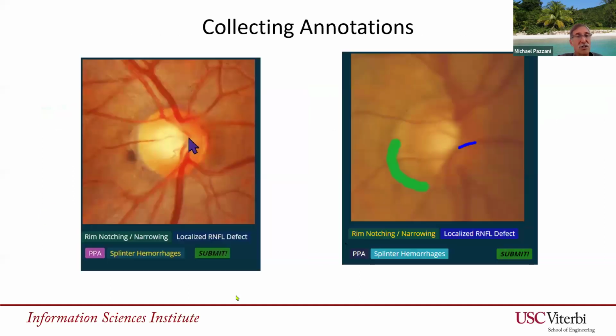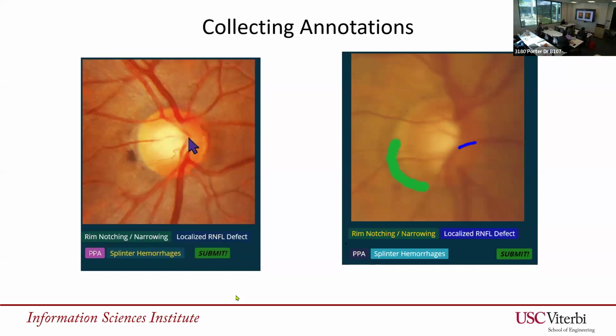And we've actually started to collect this in detail in the glaucoma case. So there are 4 different features: notching, retinal nerve fiber layer defects, PPAs, hemorrhages, and things like that. So we ask them to paint it on the image, and later on we use that to compare.